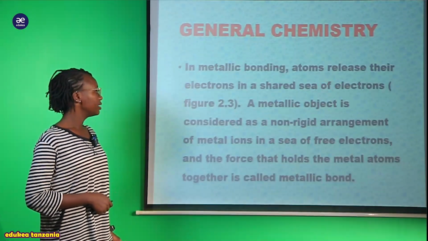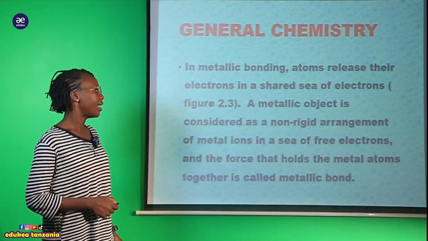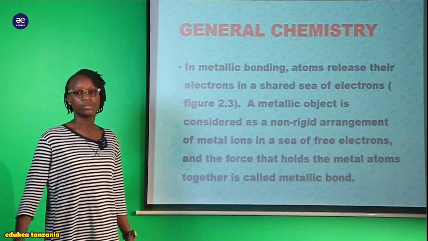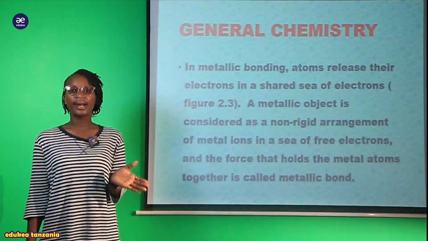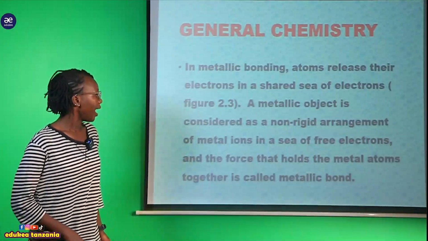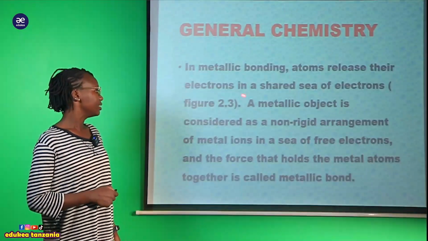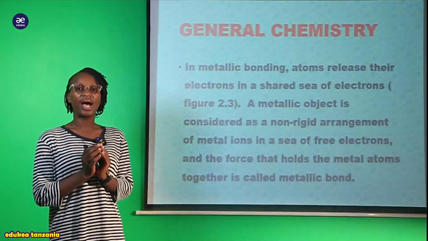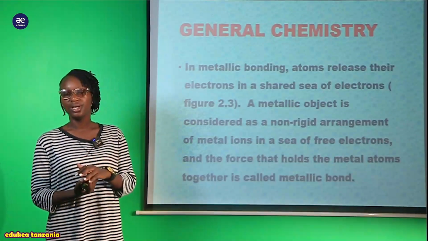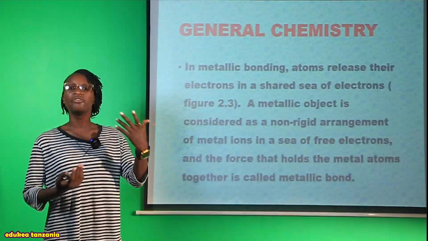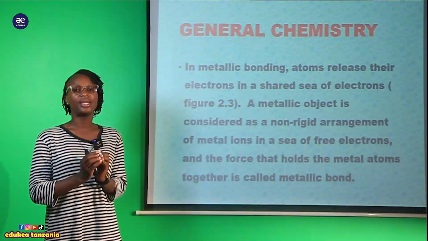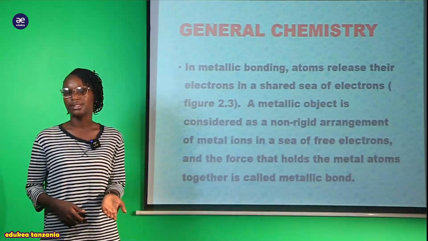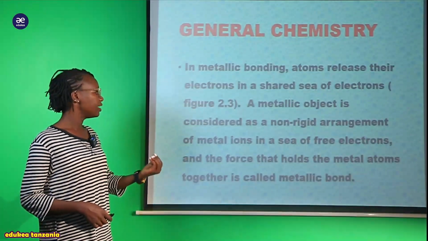Okay, a metallic object is considered as a non-rigid arrangement of metal ions in a sea of free electrons. So you have to note this, because in the diagram we will see what is explained here. When we talk about rigid, we are talking about something which is difficult to change, difficult to modify. But when we talk about non-rigid, it means that there is a possibility to arrange in a different way.